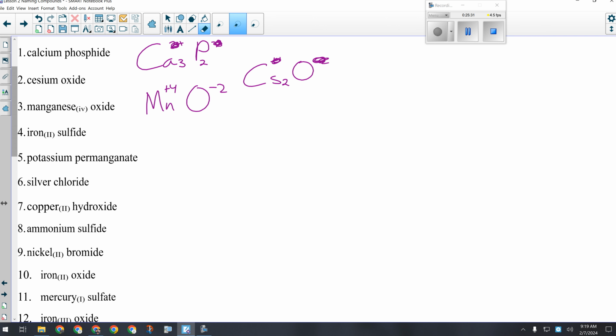When I drop and swap this one, what am I going to have to do with the numbers? Reduce them. I'm going to get 2 and 4 here, right? If I drop and swap, I get Mn2O4, which I then have to reduce to 1 and 2. So we should have MnO2 for that.